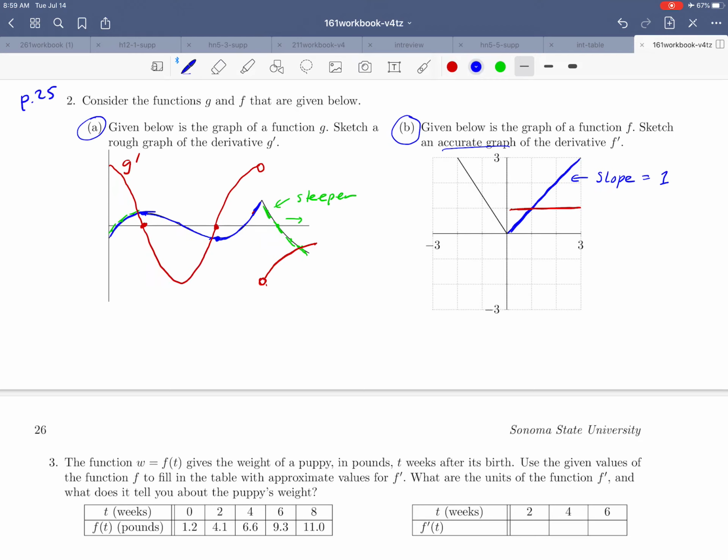And then what about over here to the left? What's the slope of that part of our graph? Well there, if you measure rise over run, we're going down 3 and over 2, so we actually get negative 3 halves for that.